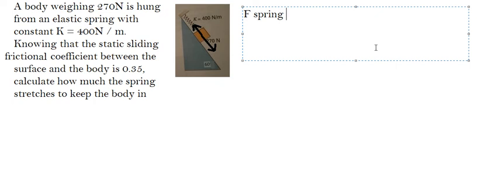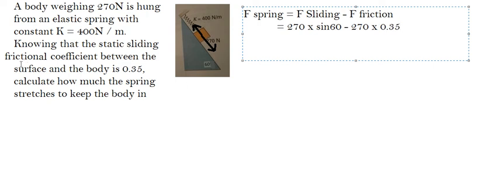In the F spring, we have the force for the sliding minus the force from the friction, and we have 270 Newton here. So we put 270 Newton multiplied with the sine of the 60 degree angle of the slope, minus 270 multiplied with 0.35, the frictional coefficient, and the last one is cosine 60.